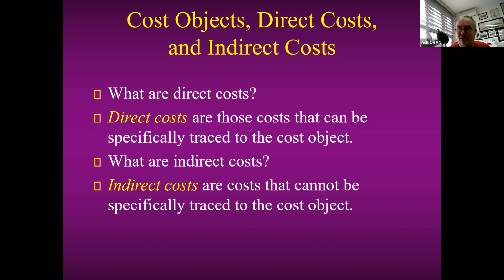They may be contributing, but we don't know how much of that contribution is going to which actual unit that is produced and so on. So they are indirect in that sense. But are they still costing the company money? Yes. Does it still need to be followed? Definitely yes. But we're going to need a way to allocate those indirect costs to the cost objects as well, which is one of the things that managerial accounting deals with.